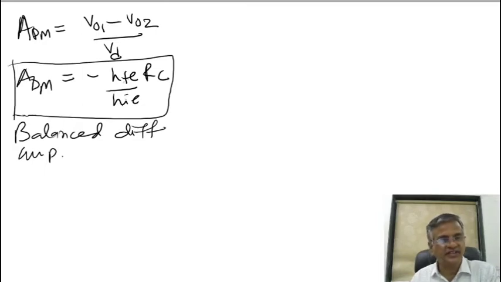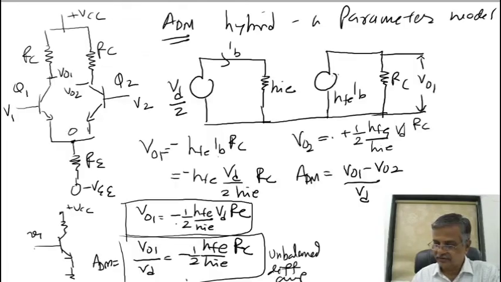So this is nothing but gm, but the way of writing is different. In the previous lecture you wrote minus gm into RC. In this lecture I am writing HFE upon HIE into RC. It is one and the same. So this is the equation of differential gain for the balanced differential amplifier using the H parameter model, in terms of H parameters.